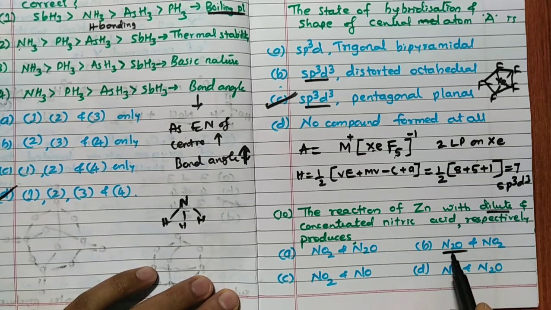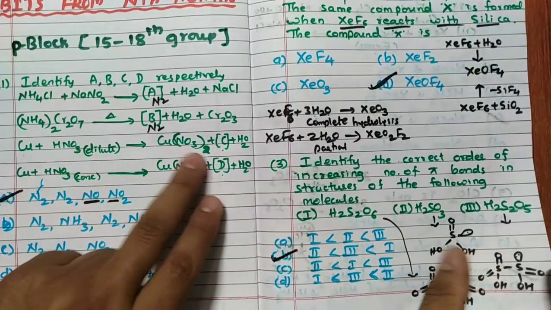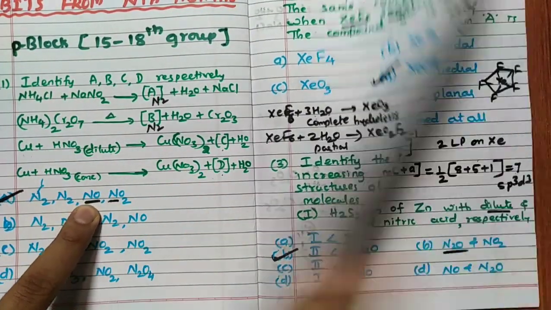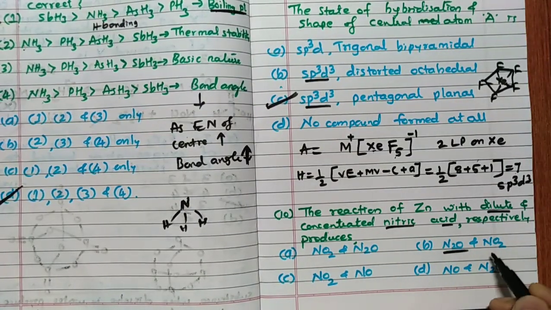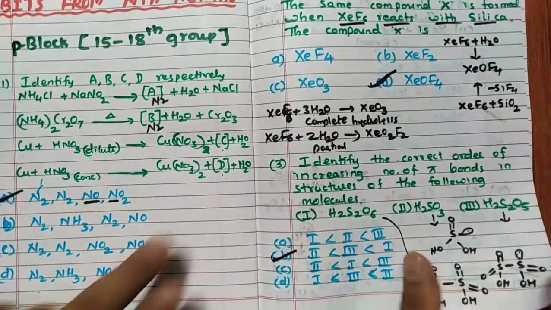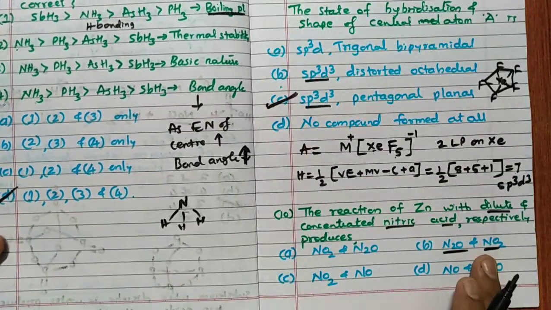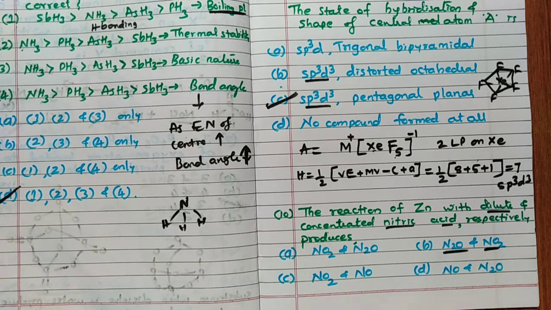With dilute, zinc gives N2O, copper with dilute gives NO. And with concentrated nitric acid, the same product you are going to obtain, that is NO2. Here also and here also it is NO2 only. So concentrated is very easy to remember, in all cases NO2. But zinc with dilute gives rise to N2O, nitrous oxide. Copper with dilute HNO3 gives rise to nitrogen monoxide, NO.